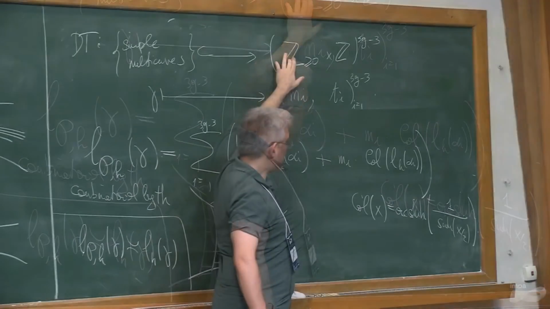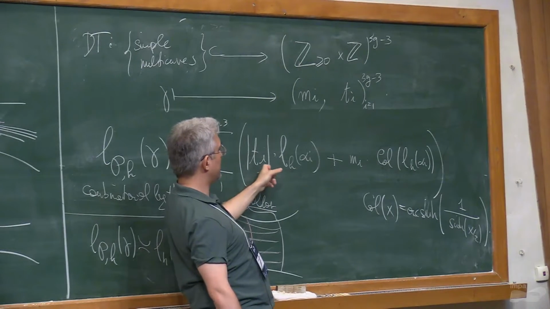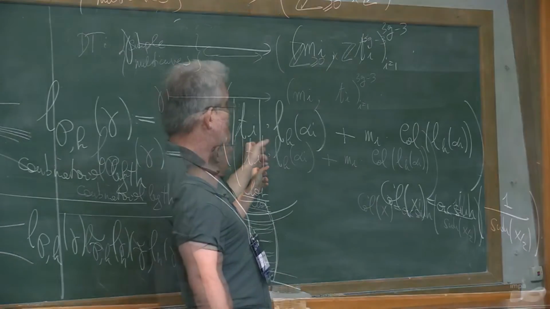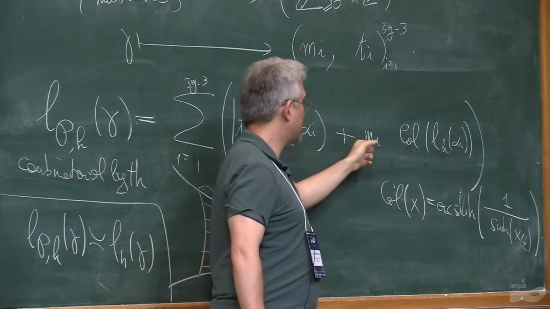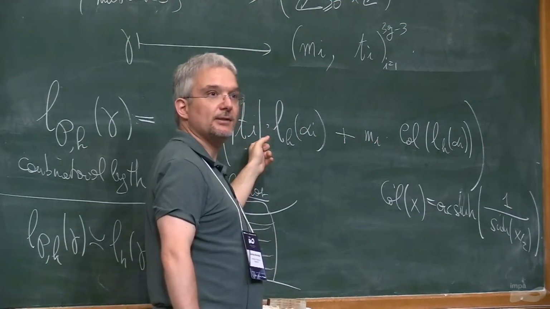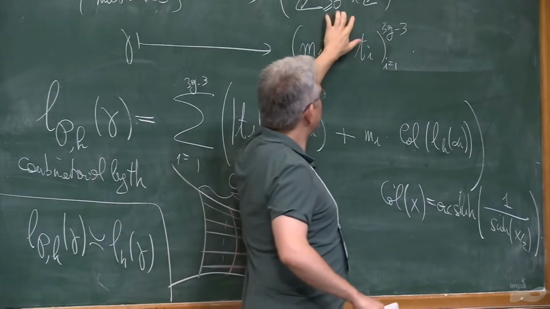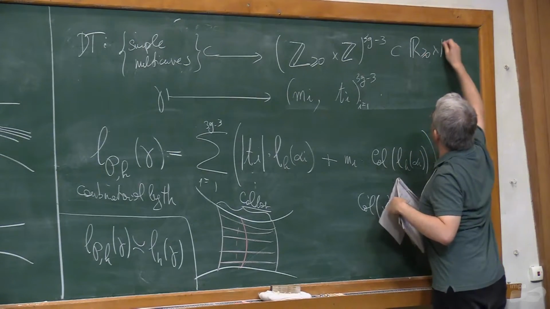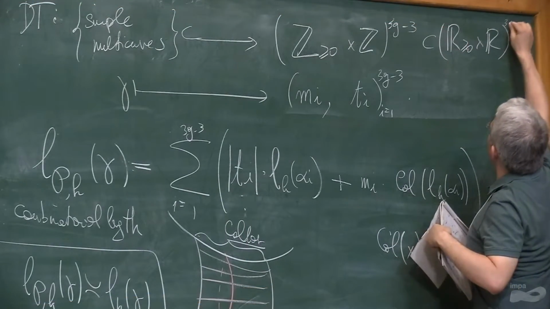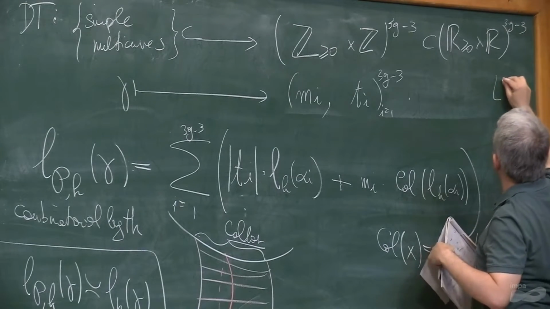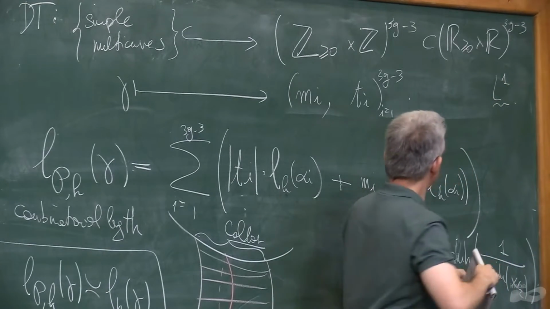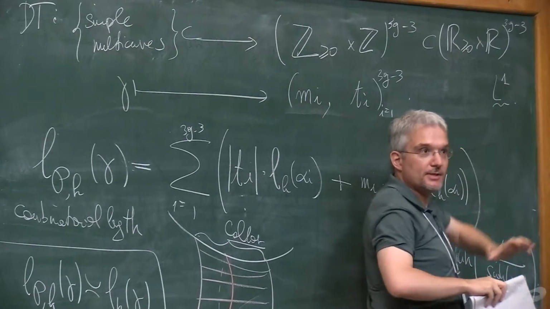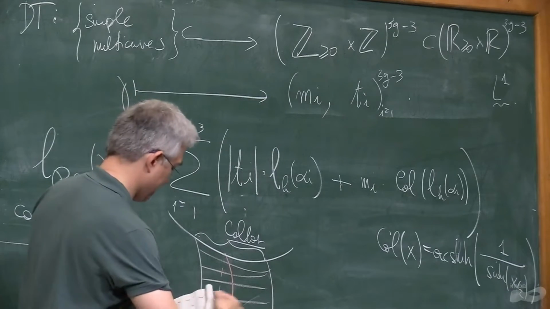A ball for an L1 norm, because you see that the coordinates are Ti and Mi. These are just coefficients. So you're asking for things which are in a ball of radius L. So basically, you're counting inside this space with a certain L1 norm. Inside this space, you are counting integral points inside the ball. And so these grow with the right power.